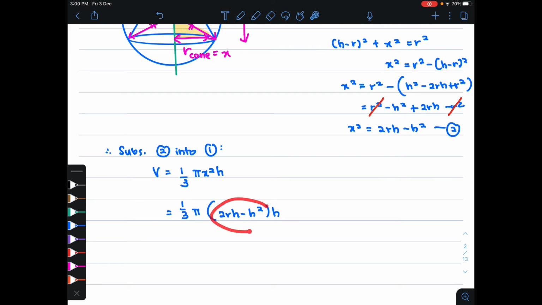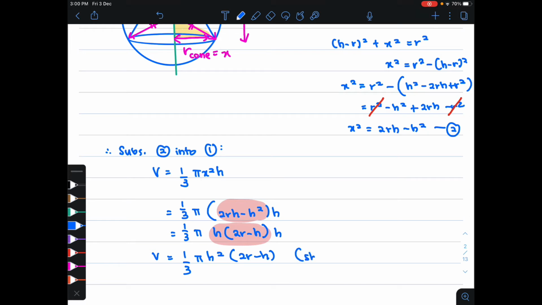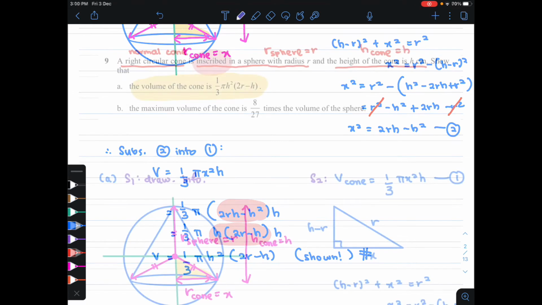Tapi sekarang ni dalam bracket kita ada 2RH minus H square. So, you can actually factorize out H. So, tarik keluar H daripada sini. So, if you bring H to the front, you'll get V equal to 1 over 3 pi H square times (2R minus H). Which is what we want for this question.